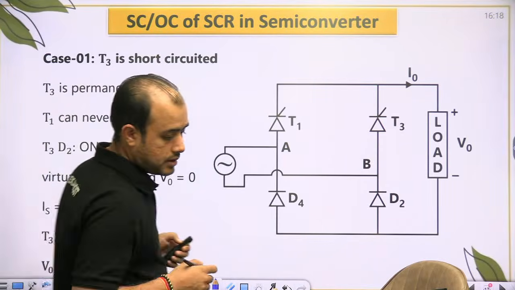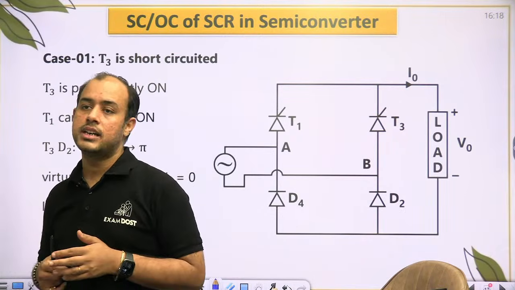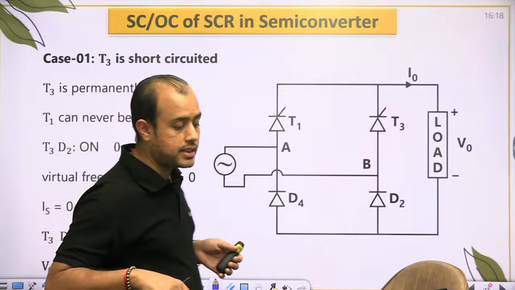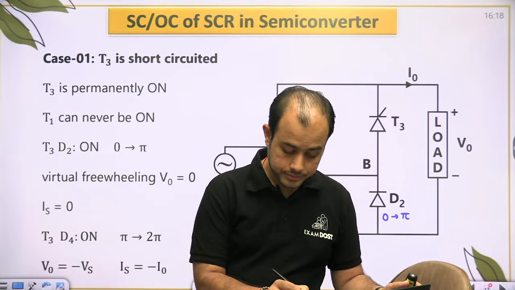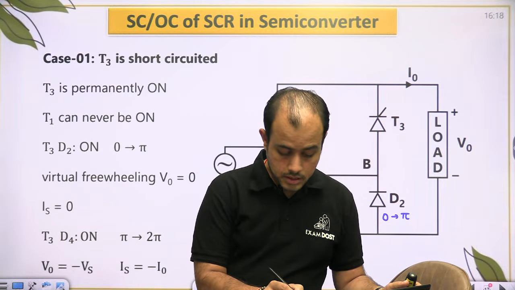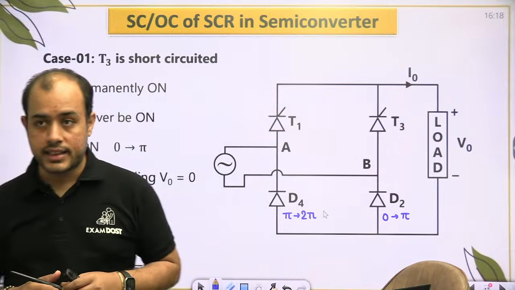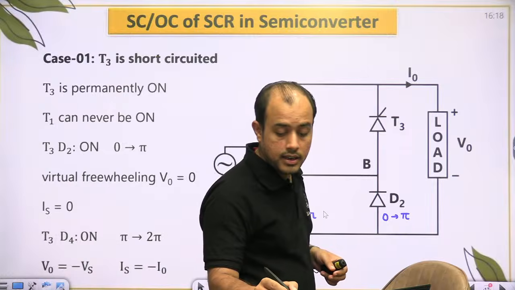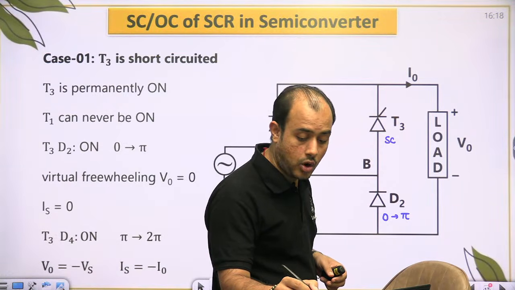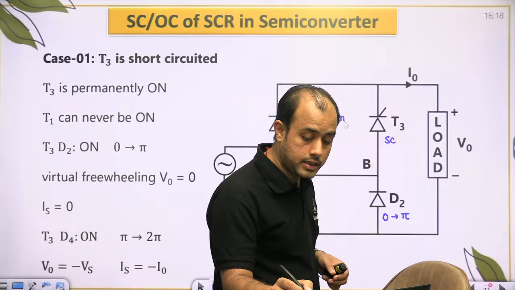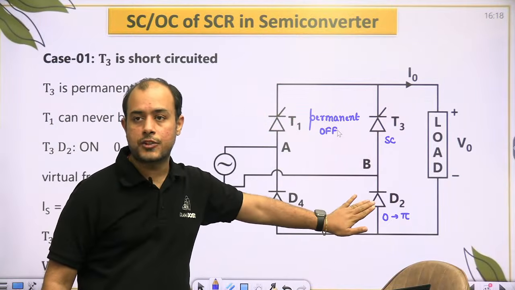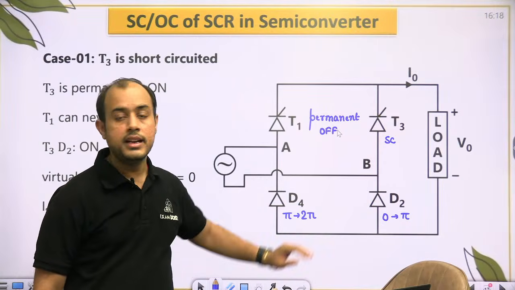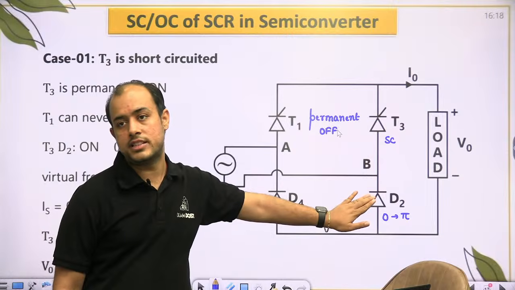Is that clear? Now beta, suppose it is a semi converter. In case of semi converter, remember the conduction of the diodes. Now if T3 is short circuit, T1 has to be permanently off. Now T3 D2 will conduct from 0 to pi, V0 will be 0 and Is will be 0.